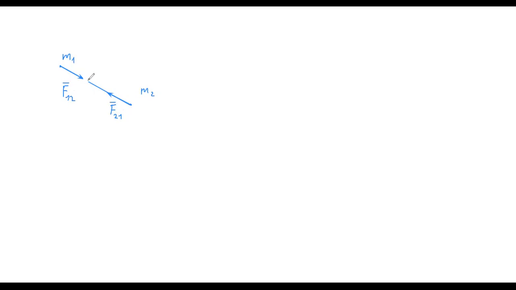I'll clear this. So we have two material points and interaction between them with forces F12 and F21. These forces are also called internal forces. For material systems that consist of these points, forces F1,2 and F2,1 are internal forces.